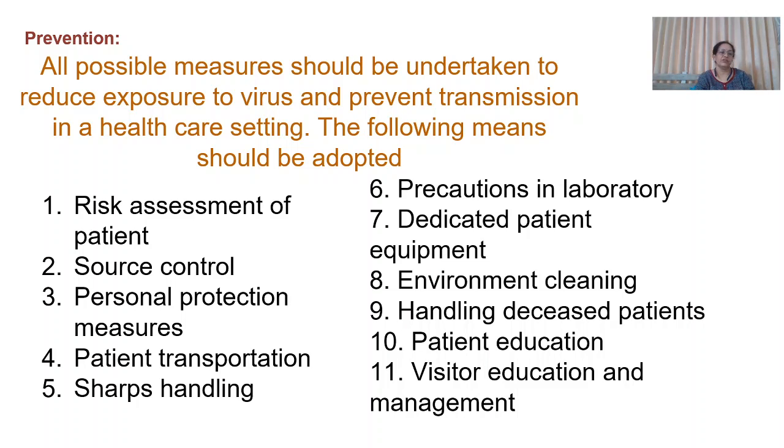With that, source control and personal protection measures play an important role in the prevention of EVD. During patient's transportation, during handling sharps, that is needles, injections, etc., care must be taken.